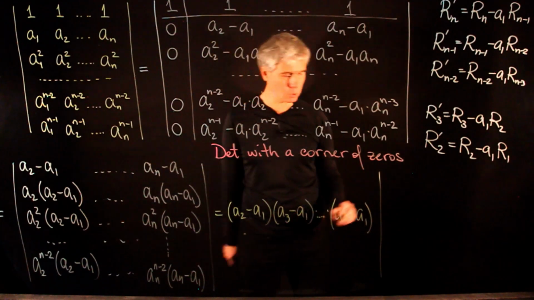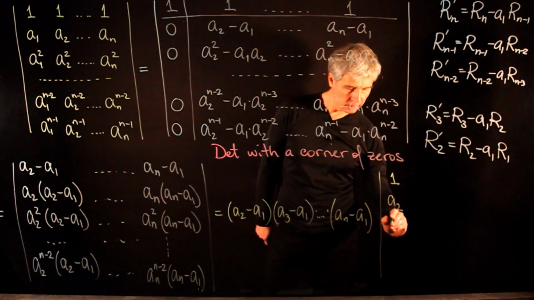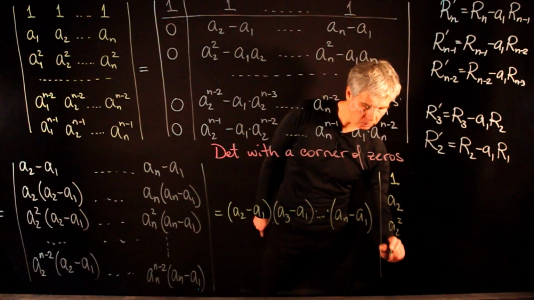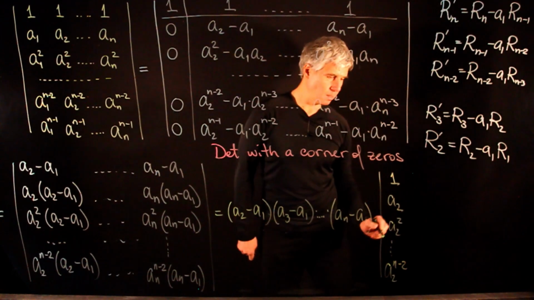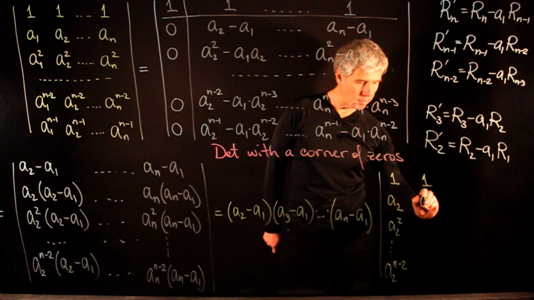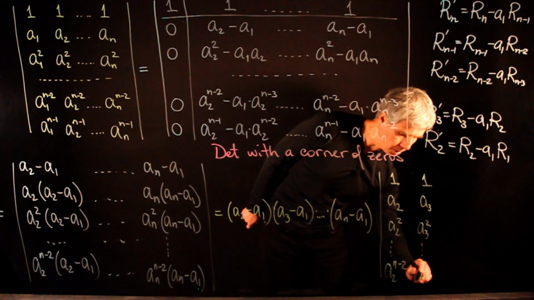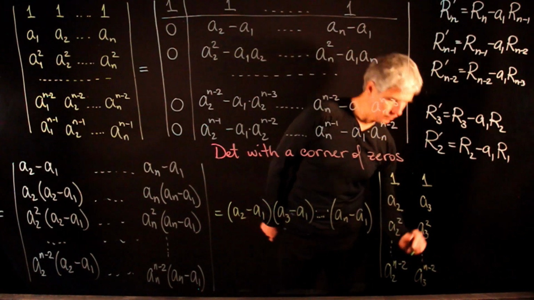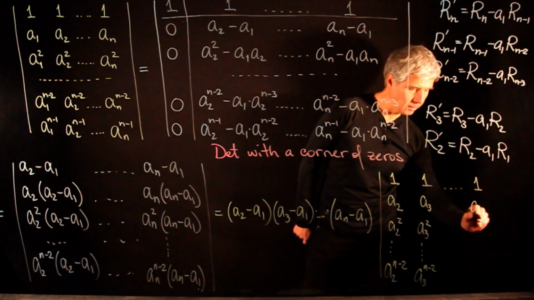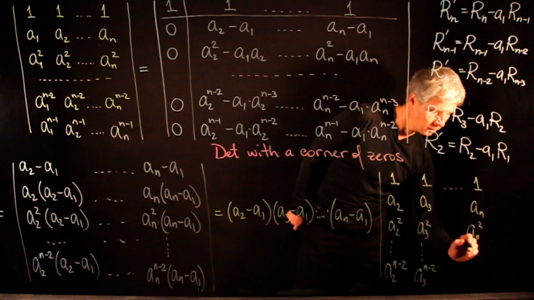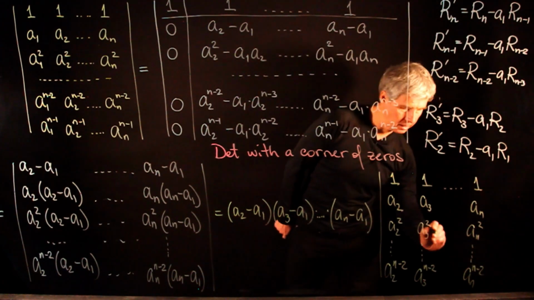So in the first column, we're going to get 1, A2 squared, dot, dot, dot, A2 to the n minus 2. Then we'll have 1, A3 squared, A3 to the n minus 2. And so on. We'll have 1, AN squared, AN to the n minus 2.